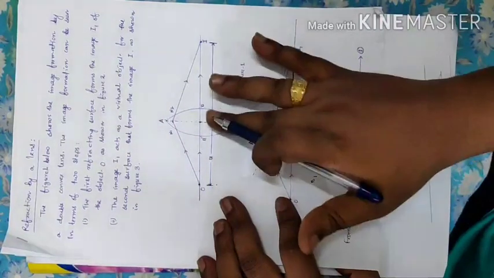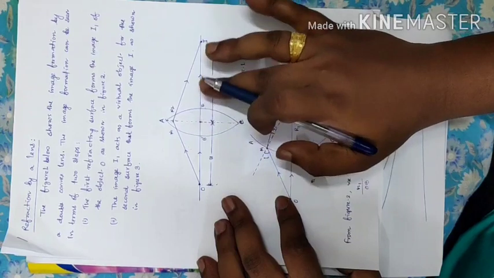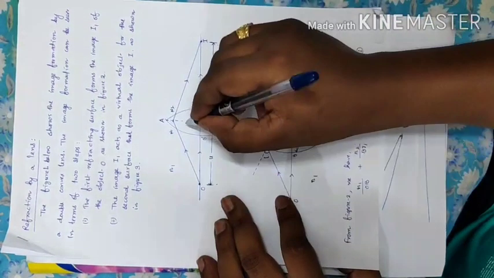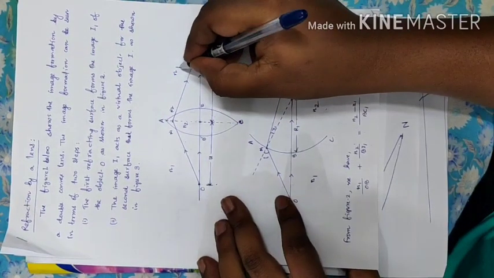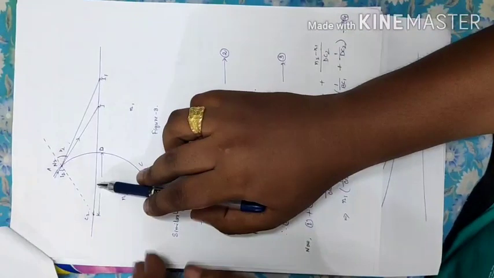So for the first surface it goes from N1 to N2, and for the second surface it goes from N2 to N1. So if the refractive index of this medium is N1 and the lens is N2, the refractive index of air is again N1. For the second surface, N2 to N1.